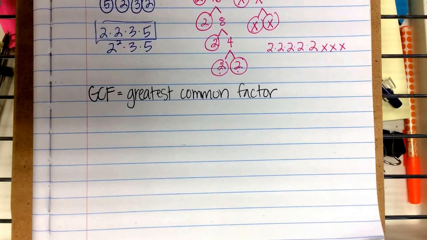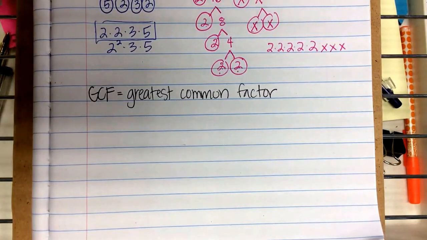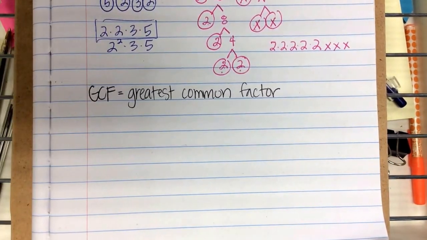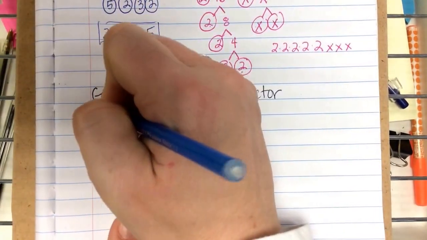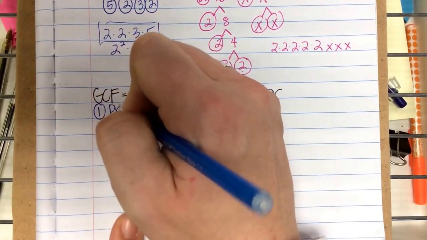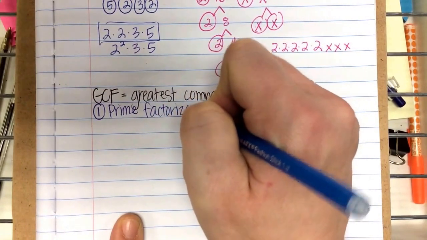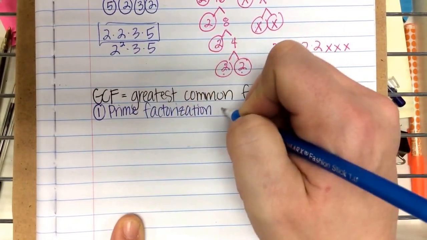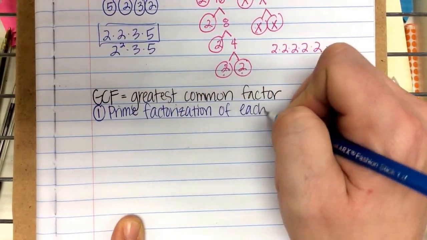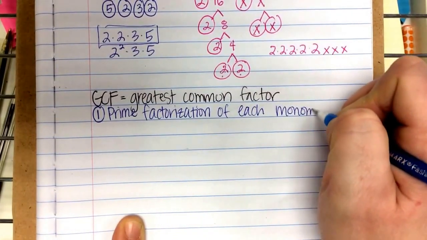So all we're doing is we're looking for the biggest common factor, the factor they share that's the same. Except there's a little bit of a twist. These are the steps you follow. You're going to find the prime factorization of each monomial.